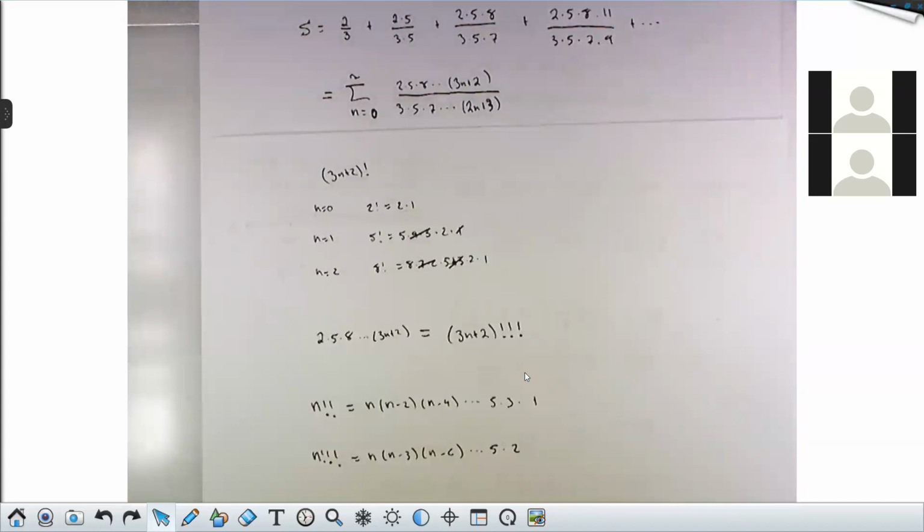You don't need to worry about the multifactorial notation, but you do need to be comfortable digesting what these mean just in terms of the product. So if I gave you this series, you would need to be able to write out these first few terms. And then from these first few terms, you would recognize that, oh, this is not 8 factorial. 8 factorial is 8 times 7 times 6 times 5 times 4 times 3 times 2 times 1. It's missing a lot of terms from 8 factorial.